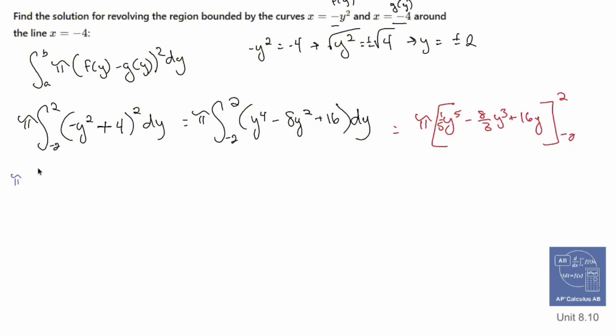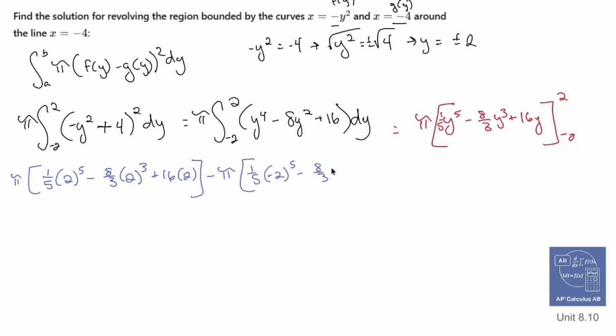You get pi times 1/5 times 2 to the 5th, minus 8 thirds times 2 to the 3rd, plus 16 times 2, minus pi times 1/5 times negative 2 to the 5th, plus 8 thirds times negative 2 to the 3rd, plus 16 times negative 2.